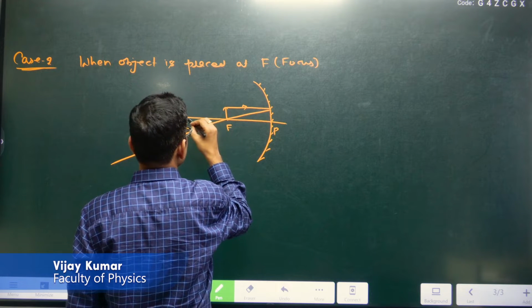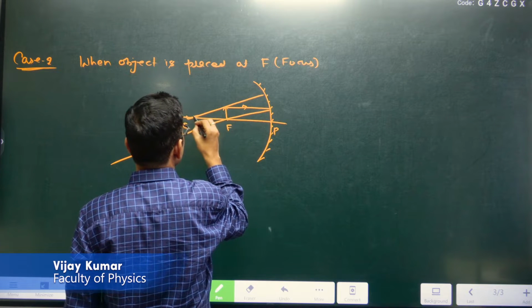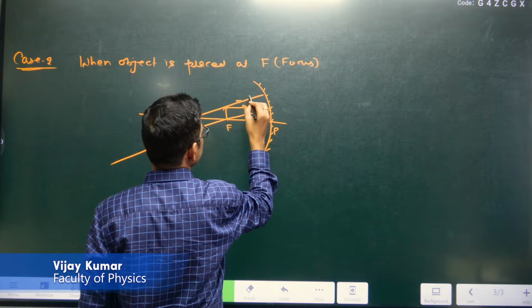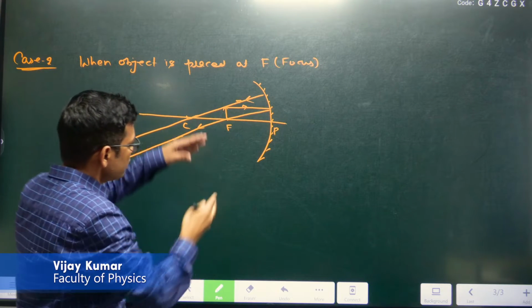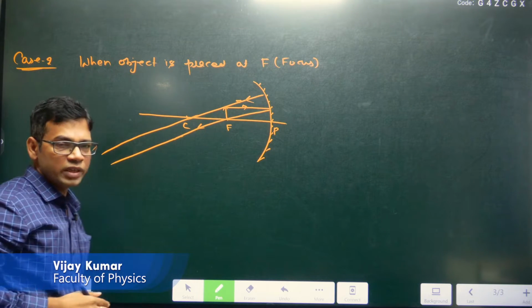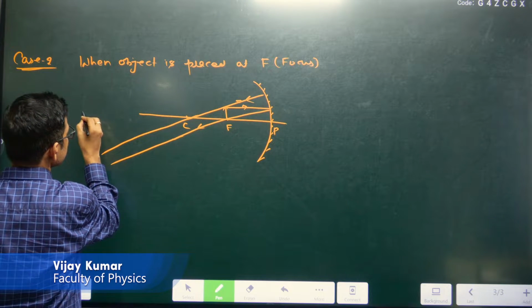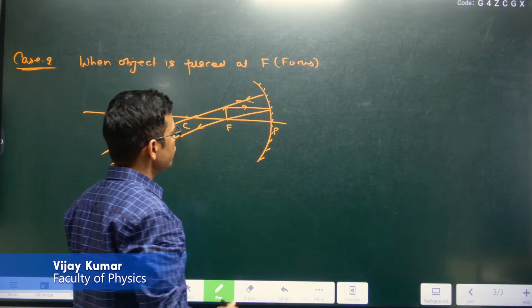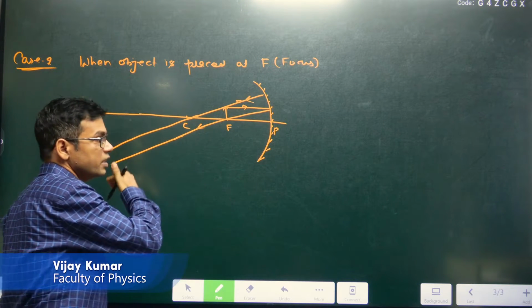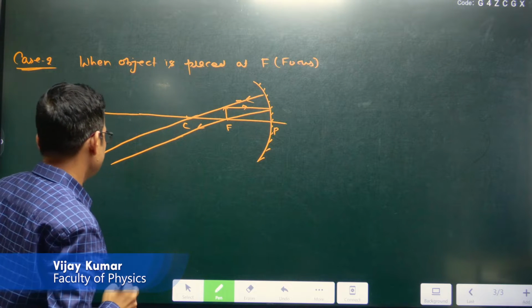The second ray will pass through the center of curvature without any deviation. So we see that both lines are parallel to each other. It means these lines will intersect at infinity. So the image formation takes place at infinity, and the image will be inverted.